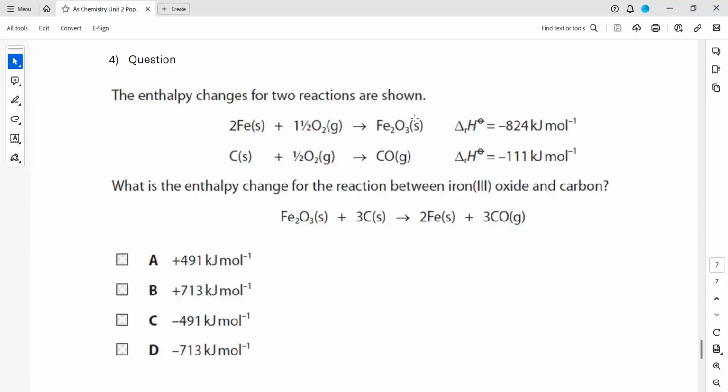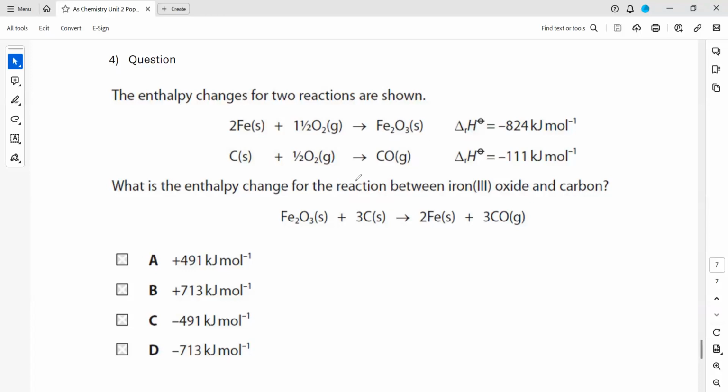In question 4, the enthalpy change for the reaction when iron(III) oxide reacts with carbon, we have to make a cycle here. When iron reacts with 1.5 oxygen, this will result in the formation of iron(III) oxide.